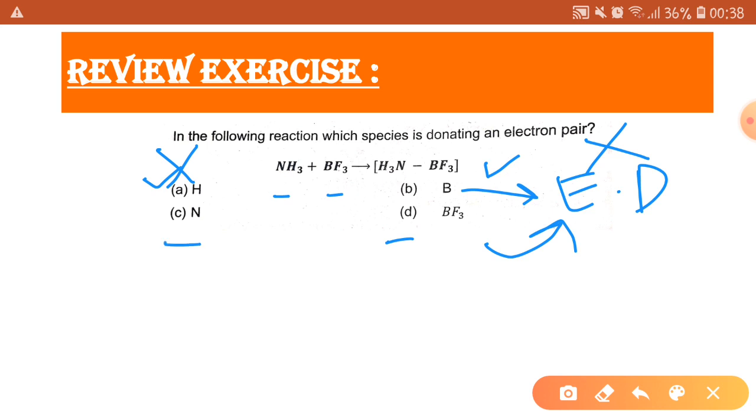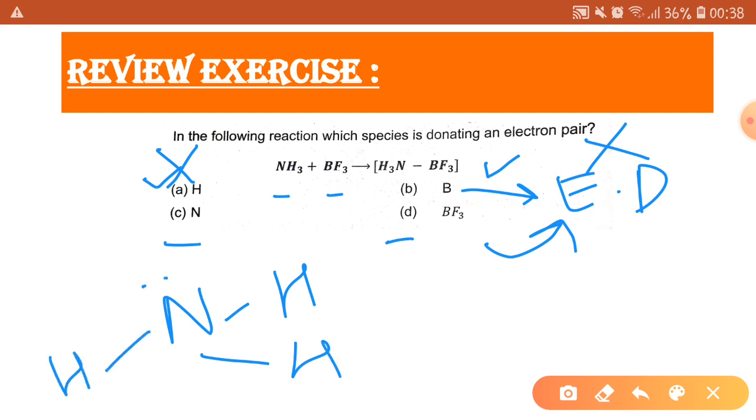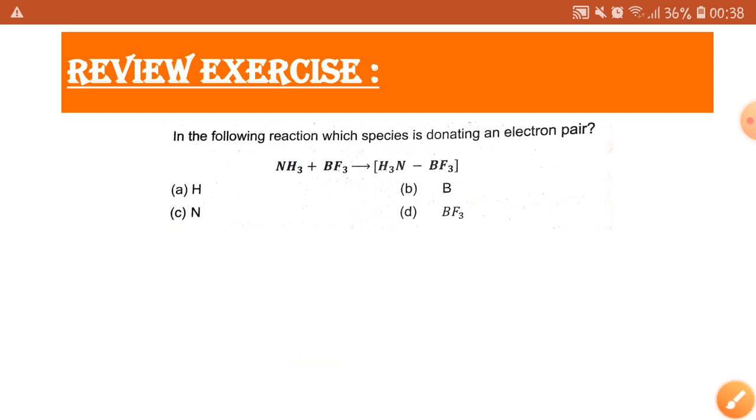We are left with the nitrogen atom, and we have studied that in the ammonia molecule there is a lone pair of electrons on the nitrogen atom. So in this example nitrogen is actually donating its electron pair to the boron atom. So for this question, option C is the correct option.